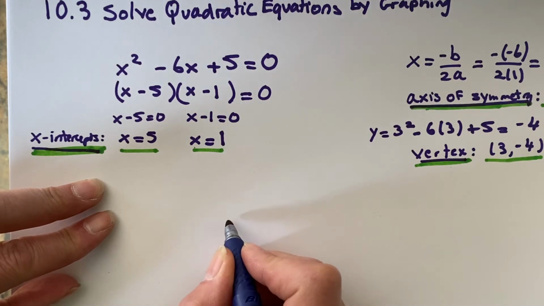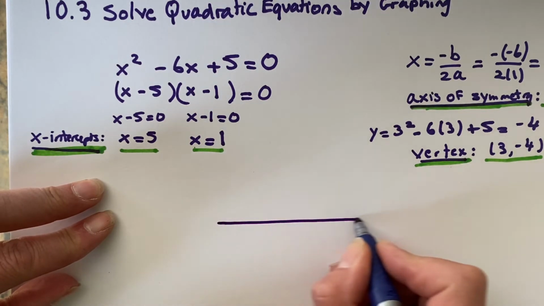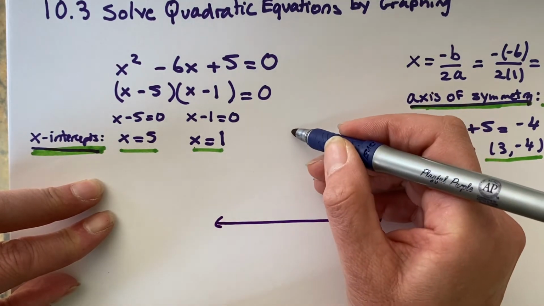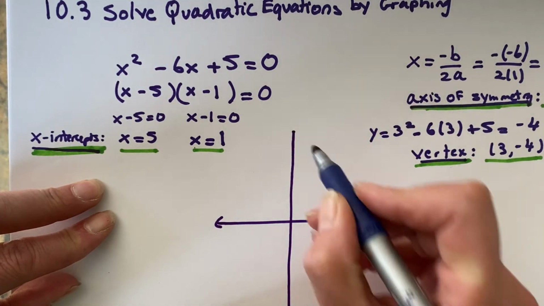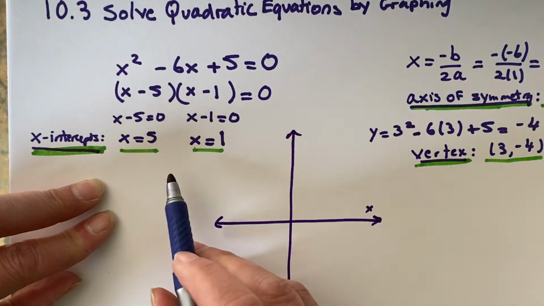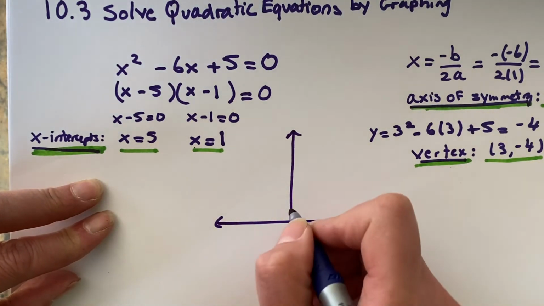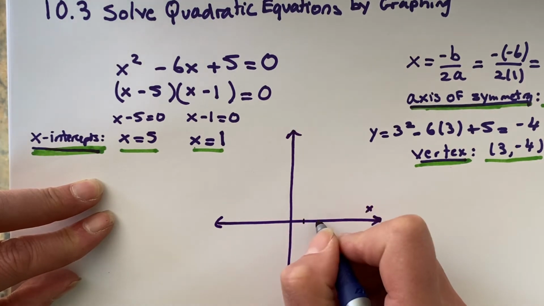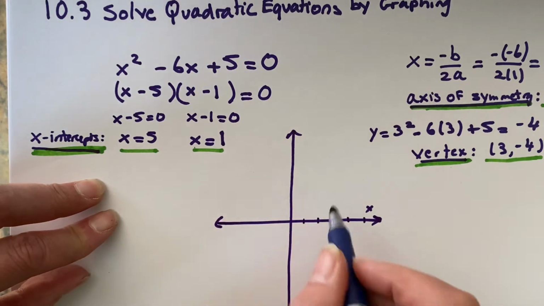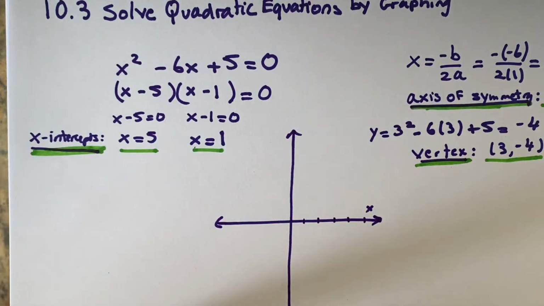Down here, and just sort of in the middle, I'm going to draw my coordinate system as I prepare to graph what this looks like. And I noticed that, okay, what are the pieces I can put into place here? Well, I know that my x-intercepts are 1 and 5.